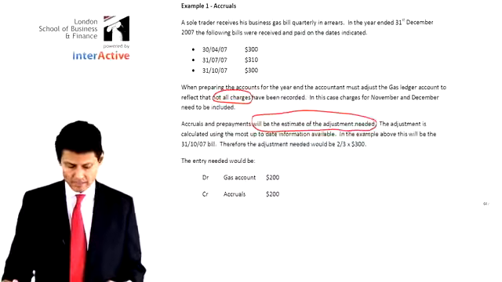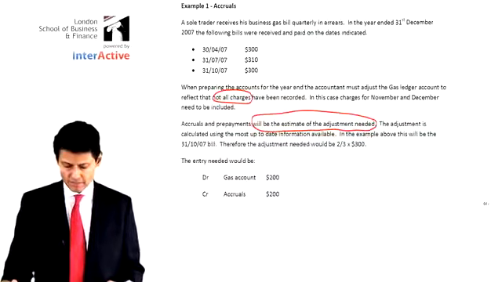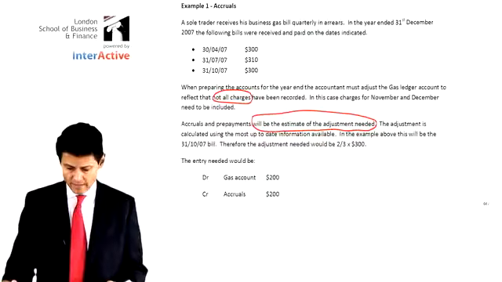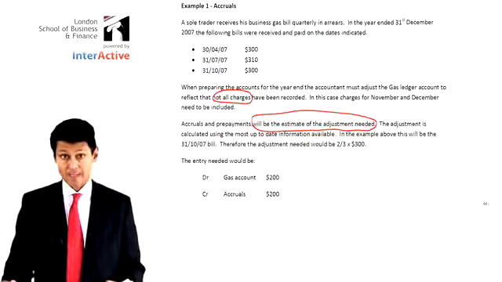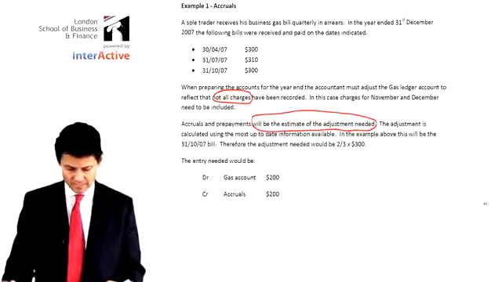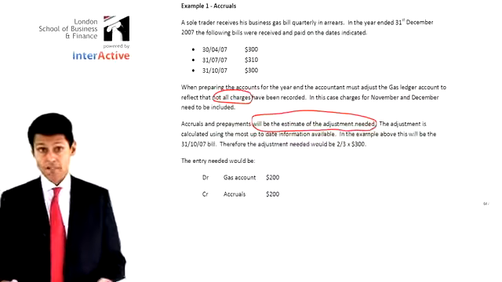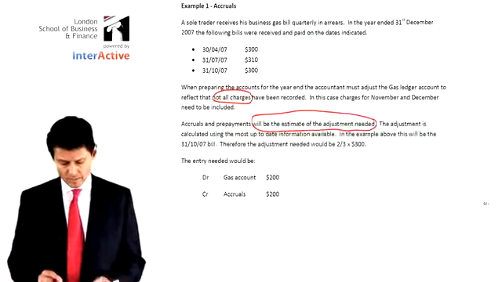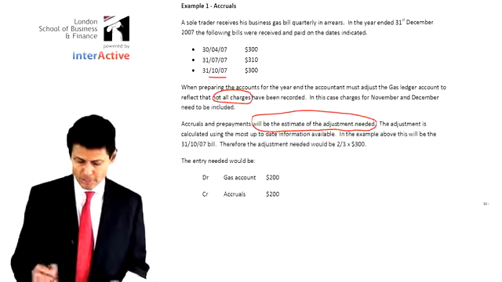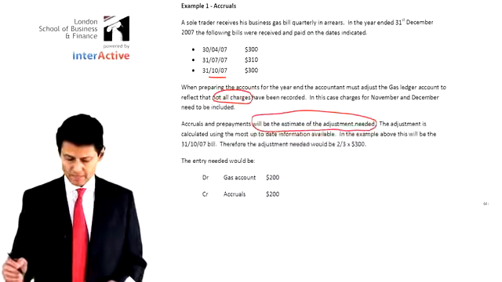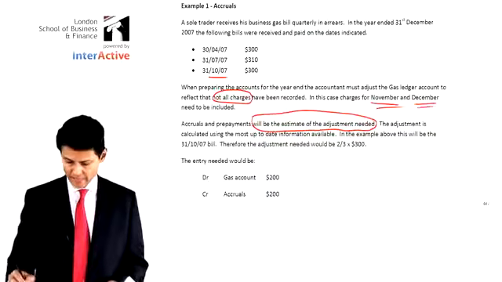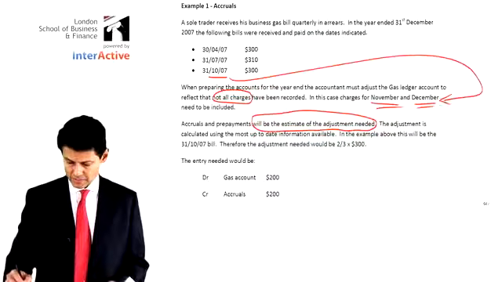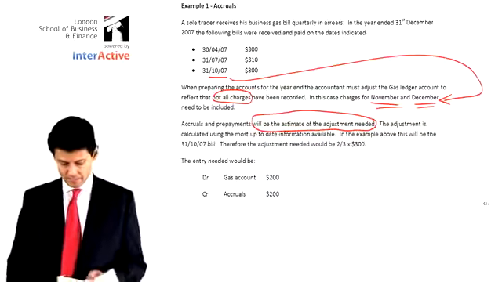So he's received something on the 30th of April, and it's paid on those dates immediately. When preparing the accounts for the year, the accountant must adjust the gas ledger account, which of course ends up in the trial balance, to reflect that not all charges have been recorded. Because it's taken up to October, November and December are therefore outstanding. So from that date, I noticed that November and December haven't yet been paid.